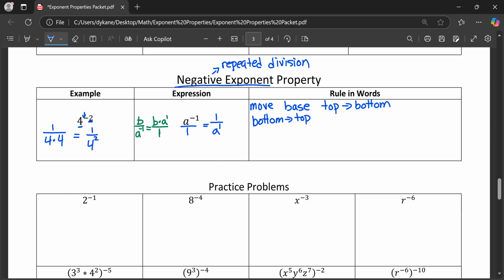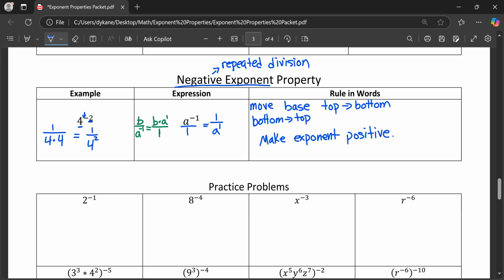Because dividing means it's going to go to the opposite spot. And then all we're going to do is keep the base the same, and we're going to make our exponent positive. So think of that negative as telling you, hey, this is going to be the opposite. So if it's on the top, put it on the bottom. If it's on the bottom, put it on the top. Once you do that, the negative goes away and you just have a positive exponent left over.